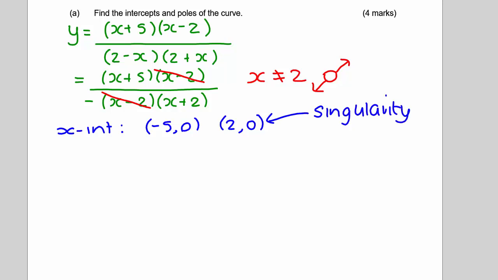Okay, so we know it's a hole, but we know it's on the x-intercept. The y-intercept is when x equals 0, and if we did that, we would get 0, -5 over 2.